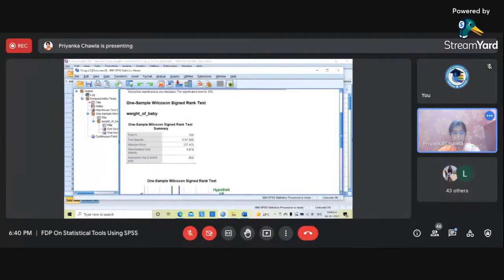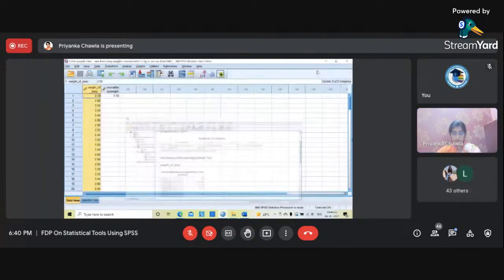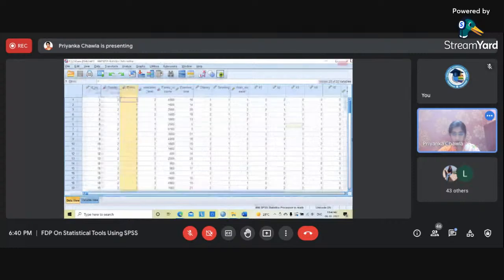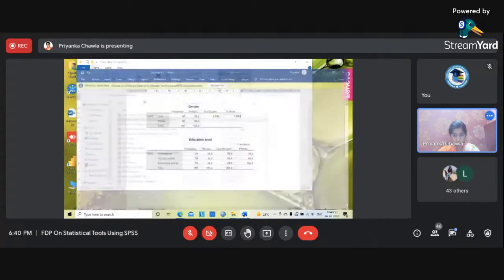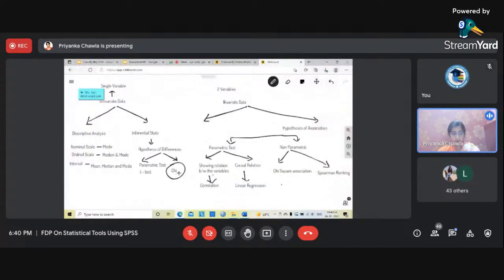Any problem in this? This was the single variable non-parametric test. Clear, ma'am. Thank you. That means we have completed this part, single variable.